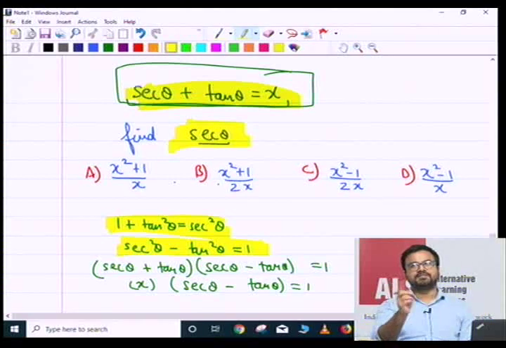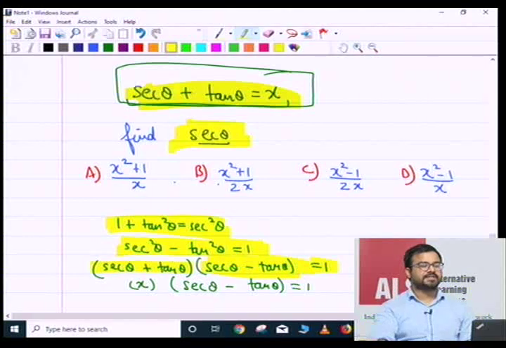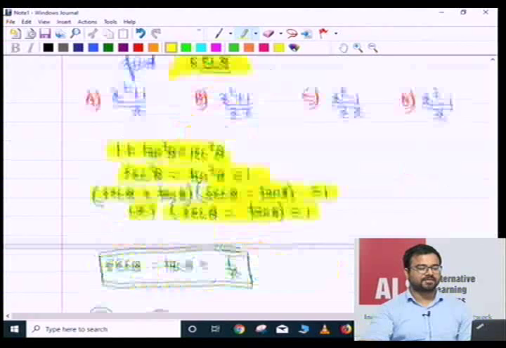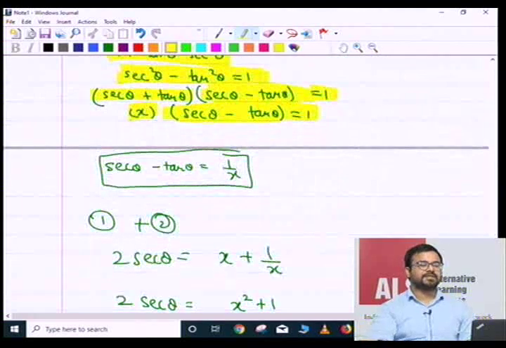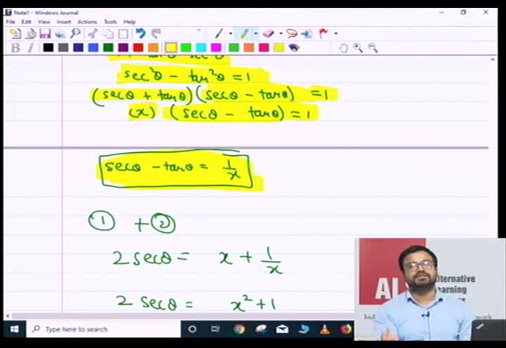Now I have just factored this, a plus b and a minus b, that is equal to 1. So sec plus tan is already given as x. So x times sec theta minus tan theta is equal to 1. So sec theta minus tan theta is equal to 1 by x.